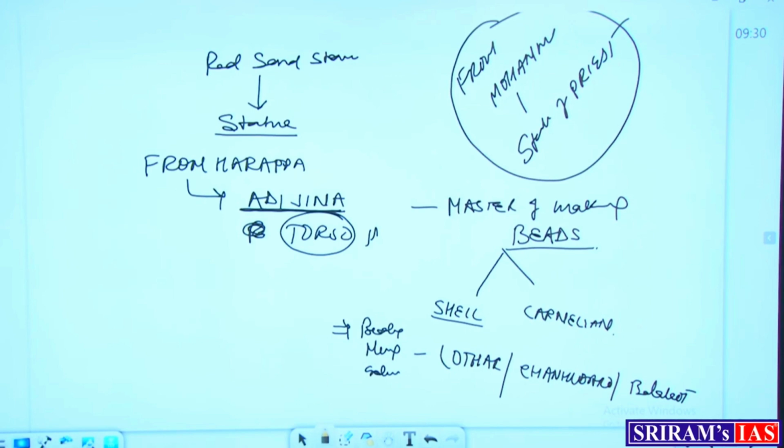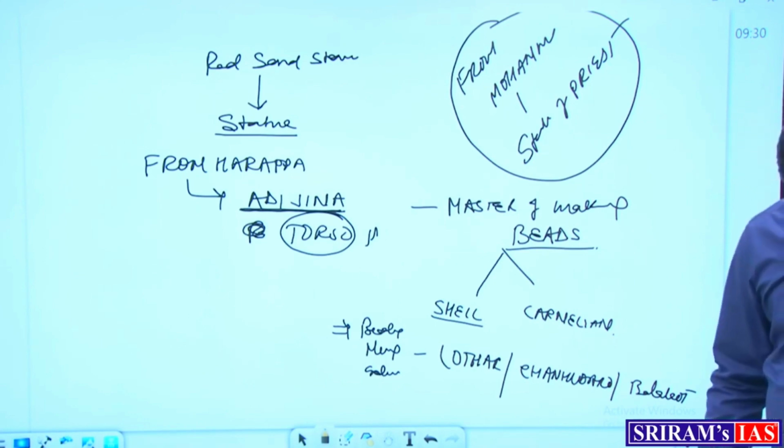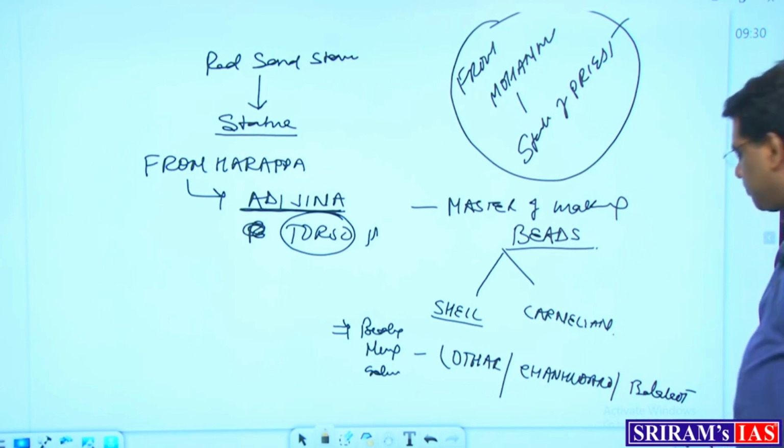Balakot was in the news because of that air strike. It was a very good center for beads. But after partition, it became a very good center for terrorists. So Lothal, Chanhudro, and Balakot, these are the three places where we have found the beads making factory. Chanhudro is known for beauty products.